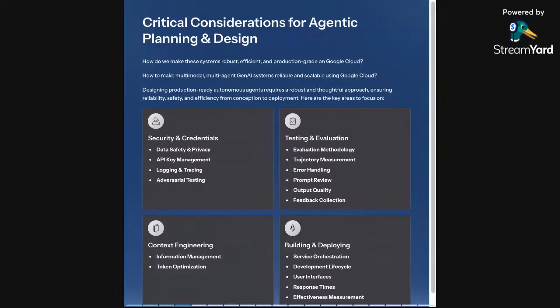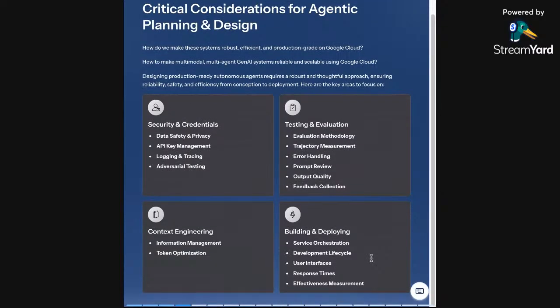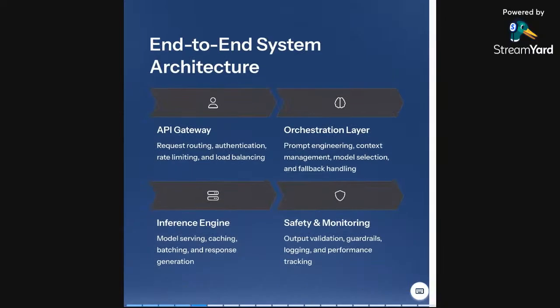Whenever the user gives a query, we are sometimes lacking the context behind it, and by giving more information, managing it, and taking care of token optimization, a lot more efficient output can be generated on the other end. And while building and deploying those models, we have to take care of the development lifecycle, the user interface, the response time, and the effectiveness of the measurement of all of this. So while we consider these 4 metrics in the designing and planning phase and ask these important questions, we can analyze what comes out on the other end.